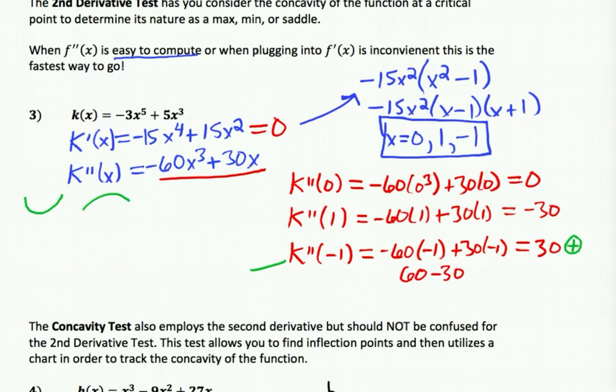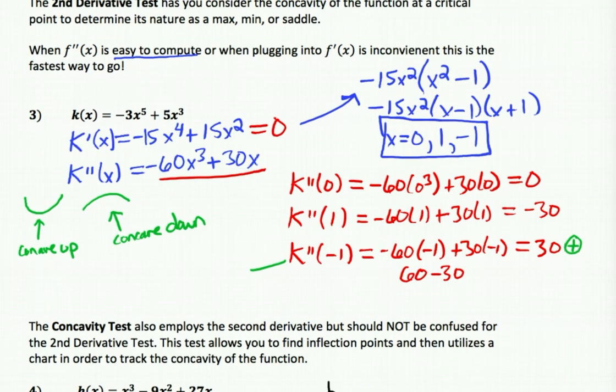So anyway, it's got to be one of those two things. This guy over here is what we call concave up, and this guy over here is what we call concave down. So this is like the concavity. I like to think of an upward facing cup shape or a downward facing cup shape.